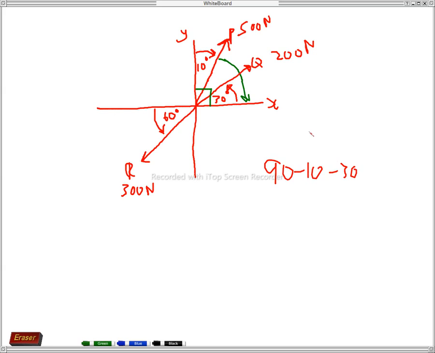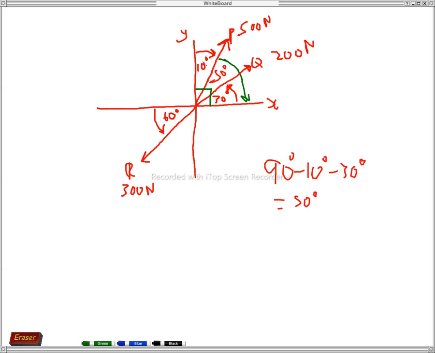When you say 90 minus 10 minus 30, your answer is 50 degrees. What is wrong with me today? Maybe I'm tired or something, because I keep making mistakes, and this is automatically wrong. Well, here we are going to have 50 degrees.